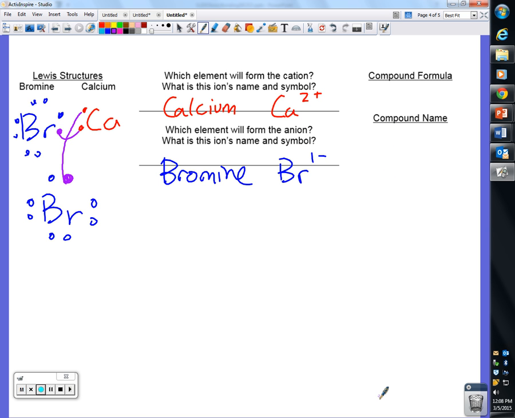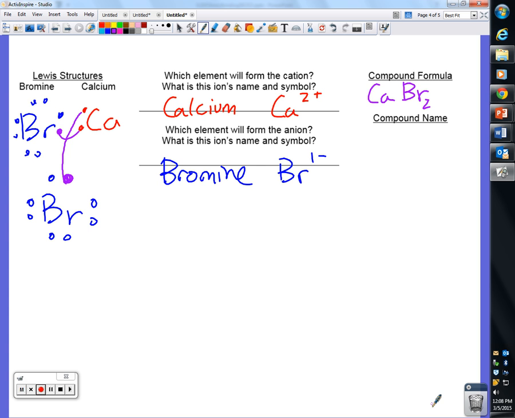First, which symbol comes first? Metal always comes first. Calcium. Non-metal comes second. Bromine. But how many bromines do we need? We show that with the subscript.